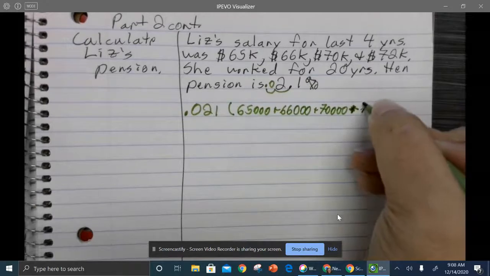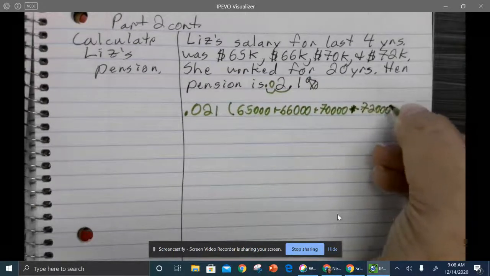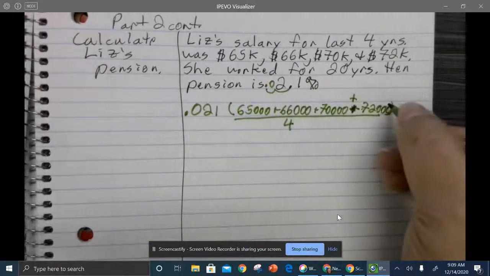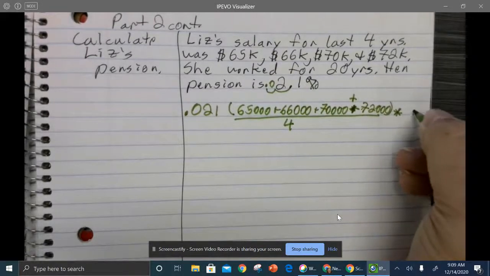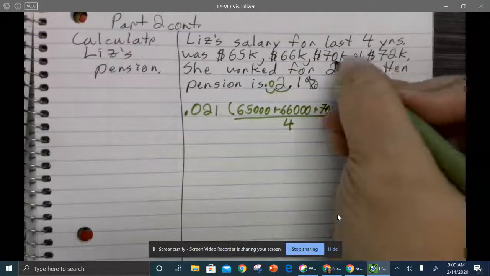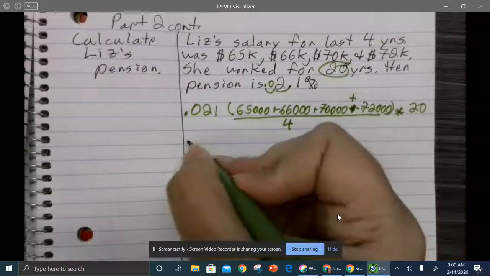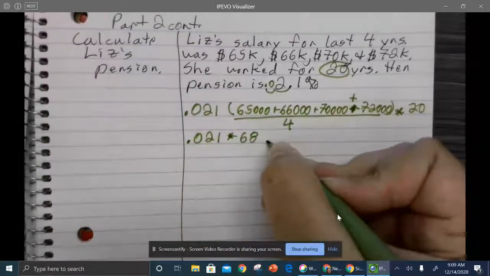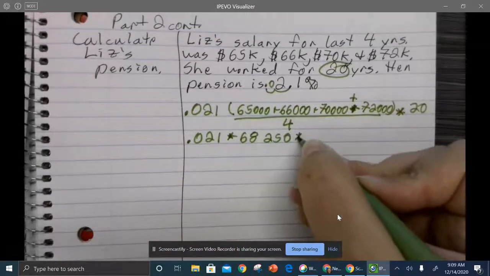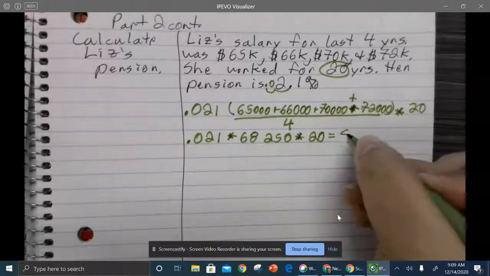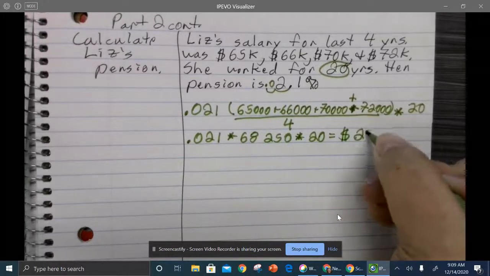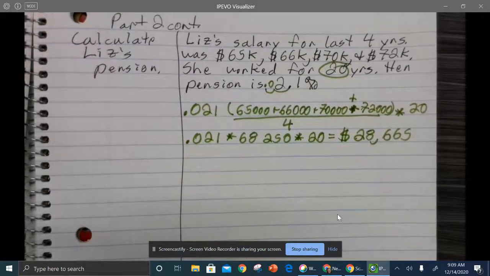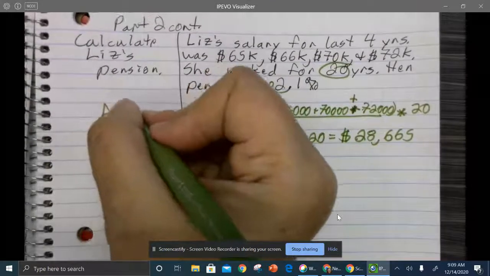Now we're going to divide it by 4 because we're finding the average, times the number of years, which was 20. So the average salary is 68,250 times the 20 years. So her annual pension is going to be $28,665. Okay, this would be annual.